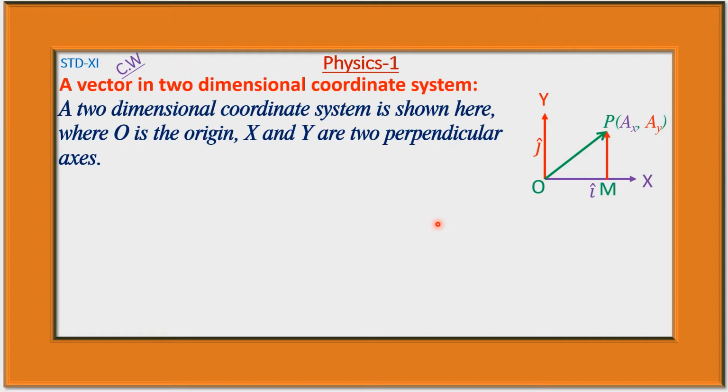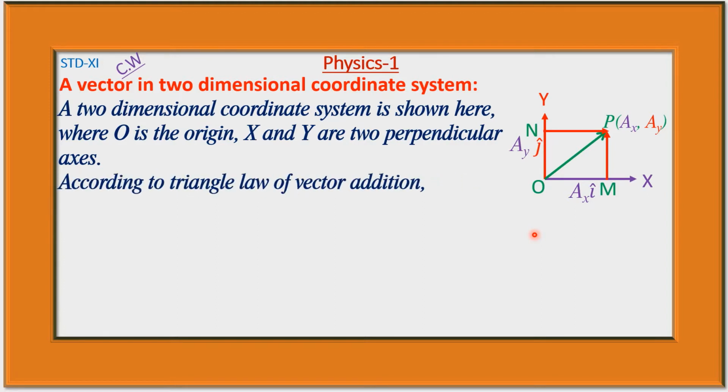Now we'll draw a perpendicular PM on the OX axis, and here OM is the component of vector OP along the x-axis, that is, OM is equal to Ax, and another perpendicular PN on the OY axis, so ON is the component of vector OP along the y-axis, so ON is Ay and OM is Ax.